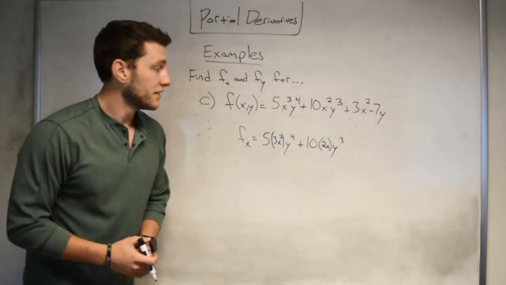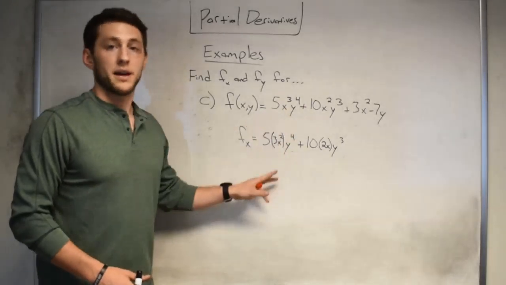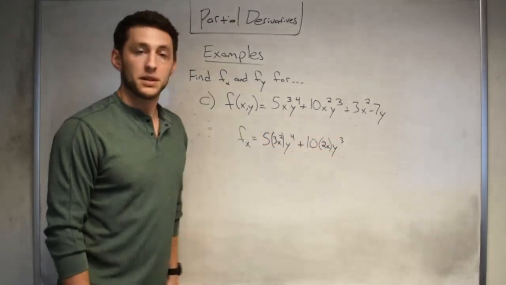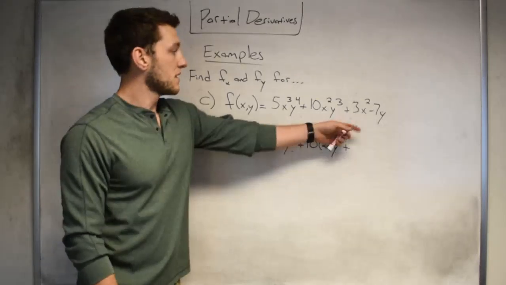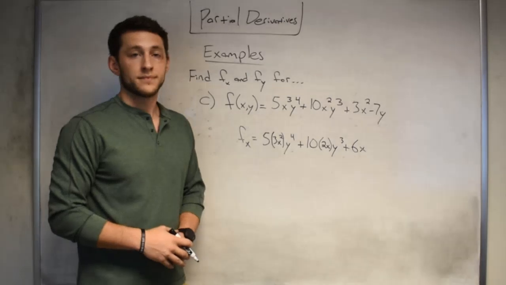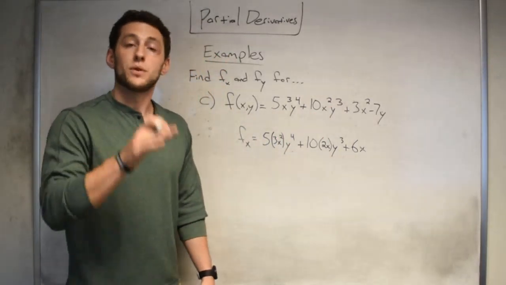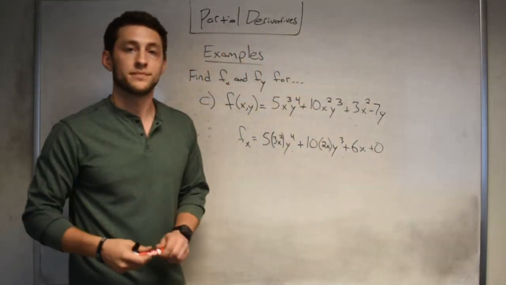Back to the derivative, we have 5 times 3x squared times y to the 4th, copy down the non-x terms and derive x, plus 10 times 2x times y cubed, plus, since we're deriving with respect to x, 3x squared just becomes 6x. Lastly, minus 7y does not have an x in it, so it is no better than a constant, so it just becomes 0.